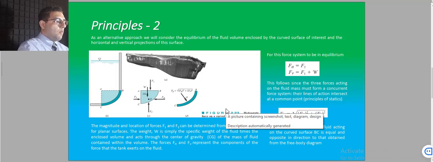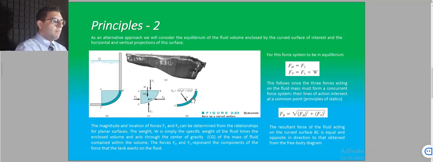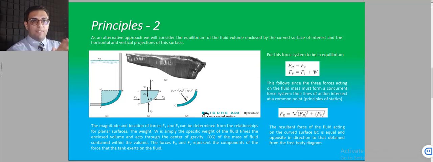For example, we have calculated the resultant force to be at this side, but at the last stage we have to write it as the opposite direction to what we have calculated.